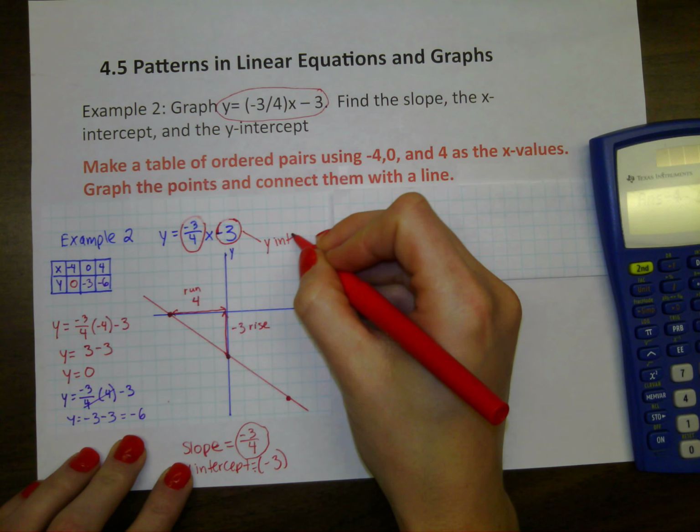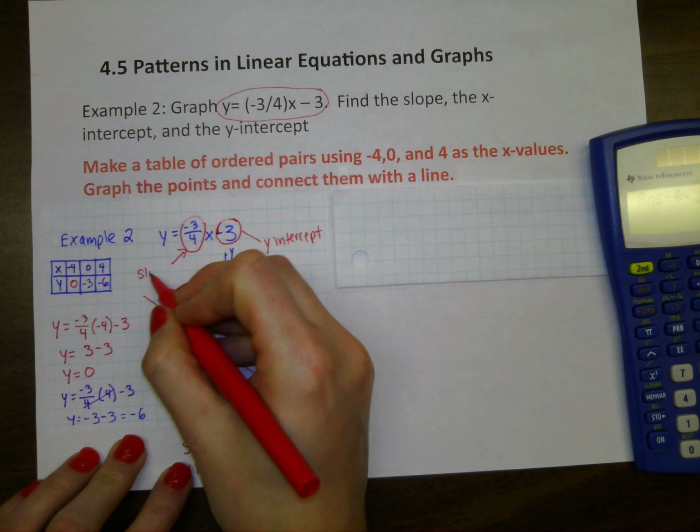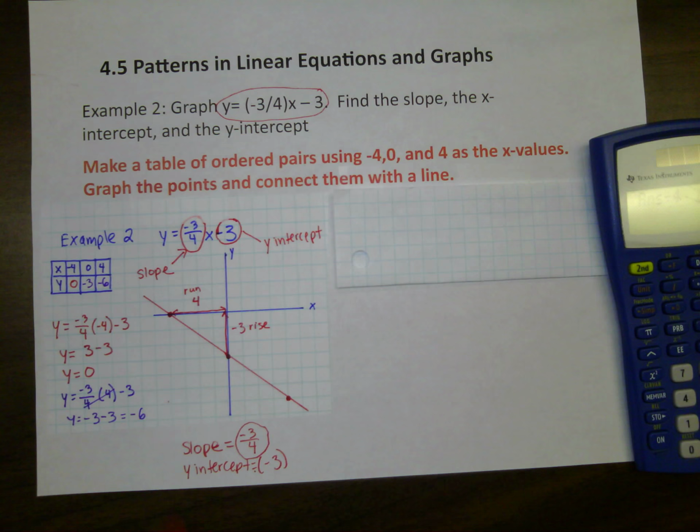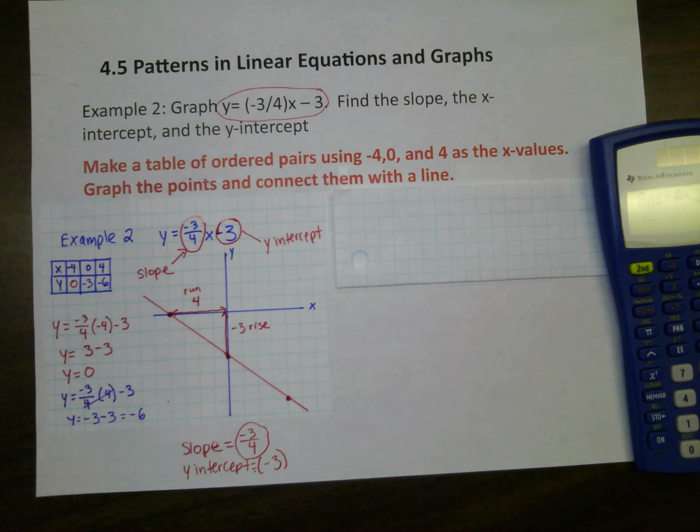Look at this. If we go back to our equation, this value in front of x is what represents the slope. And then you can see here, what is our y-intercept? Our y-intercept is -3.